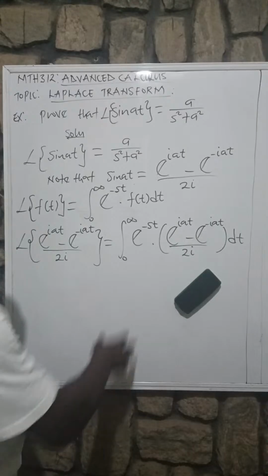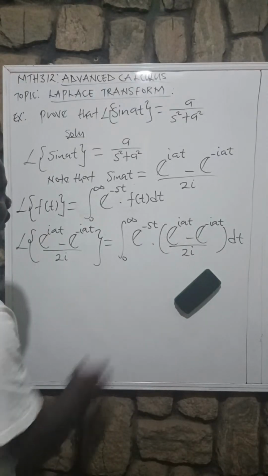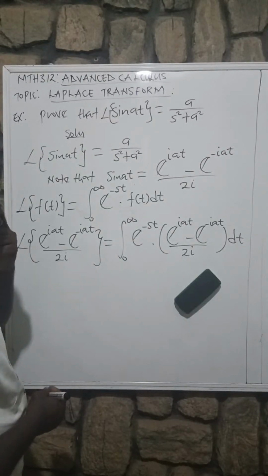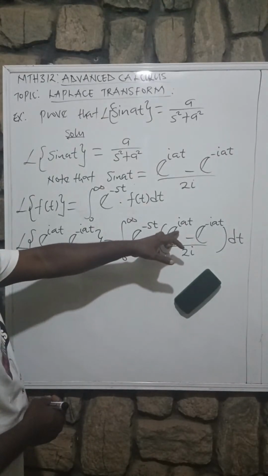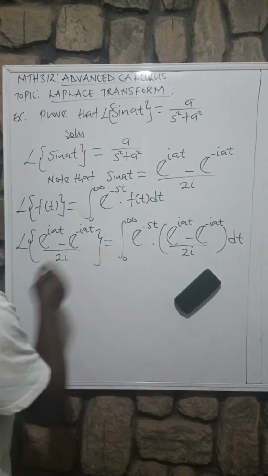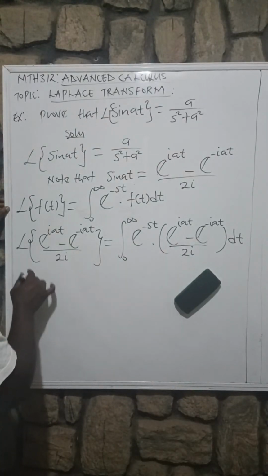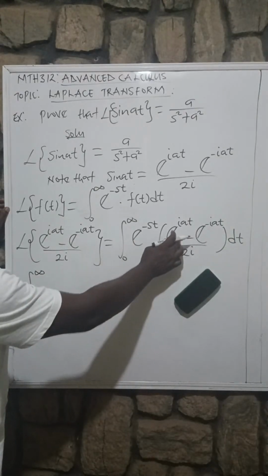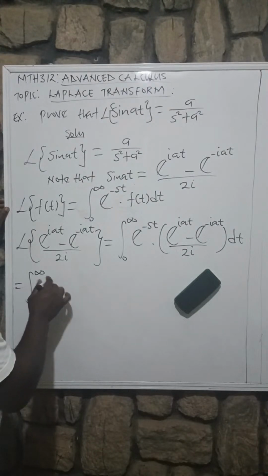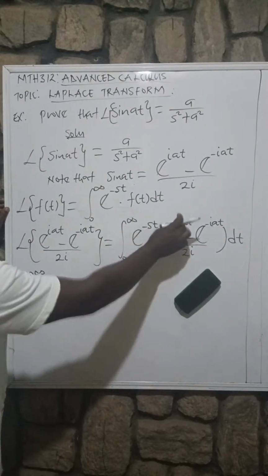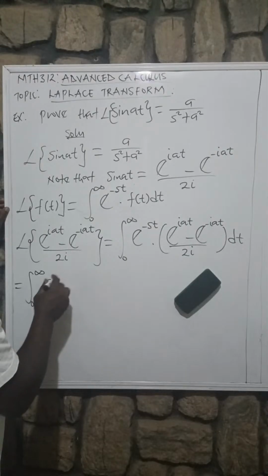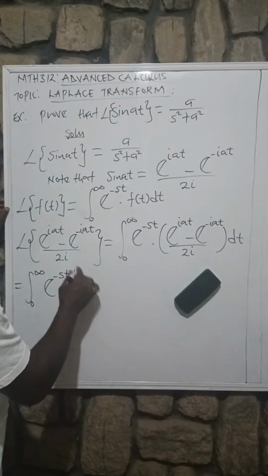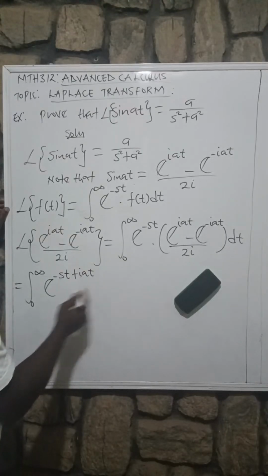So now we need to multiply this out and apply indices here. So this will be equal to the integral from 0 to infinity. If we use this to multiply, we are going to have exponential, applying indices, minus st plus i at, true or false.